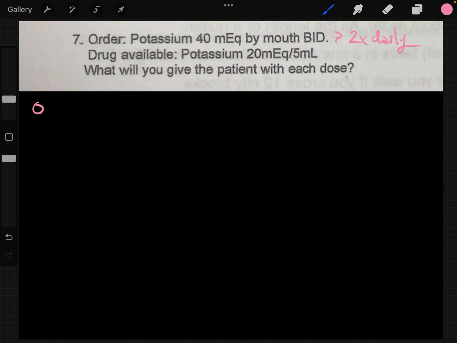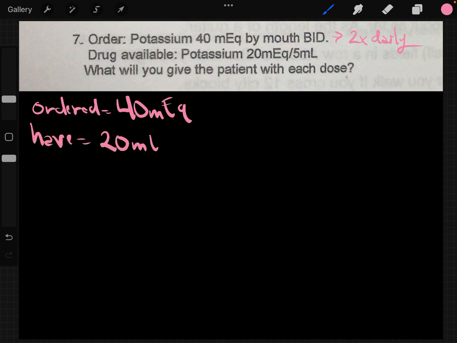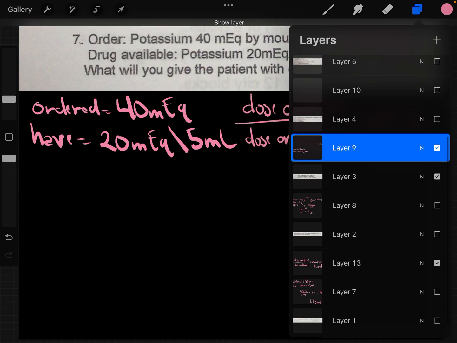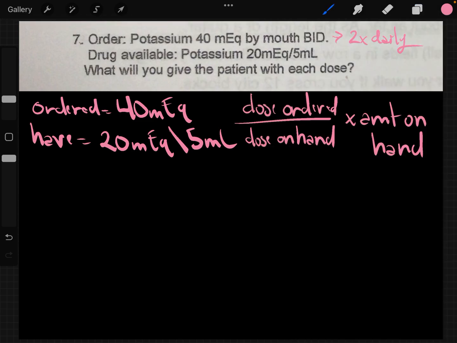So the ordered is equal to 40 MEq. What we have is equal to 20 MEq over 5 milliliters. For this one, we would be using this formula right here.